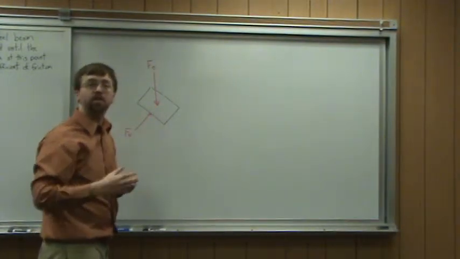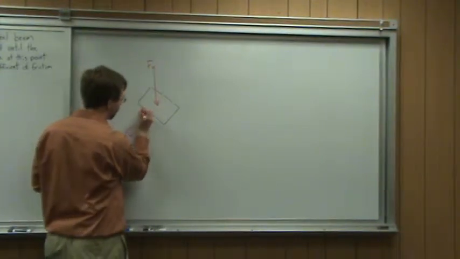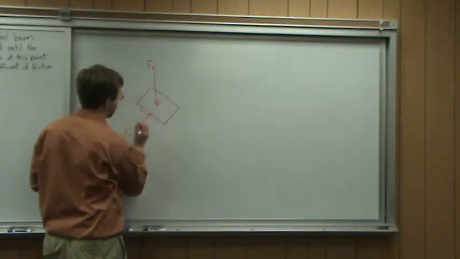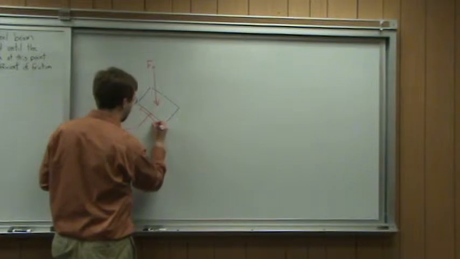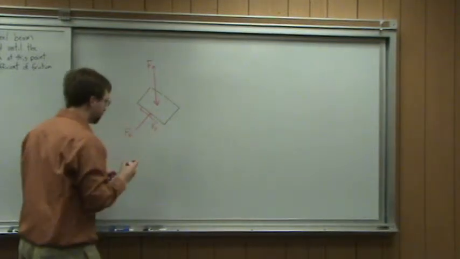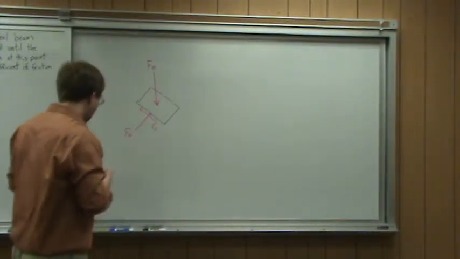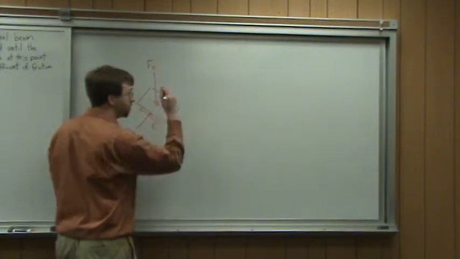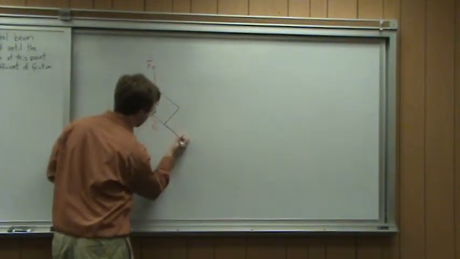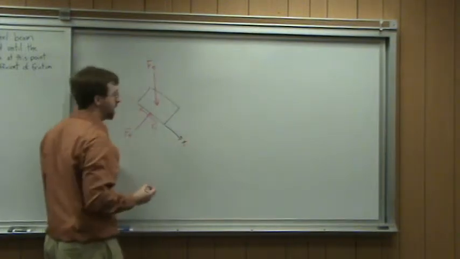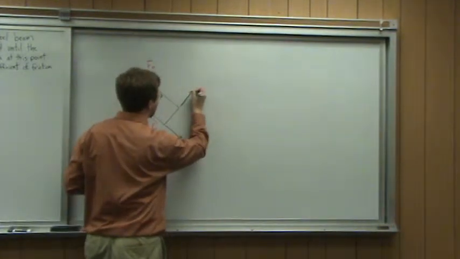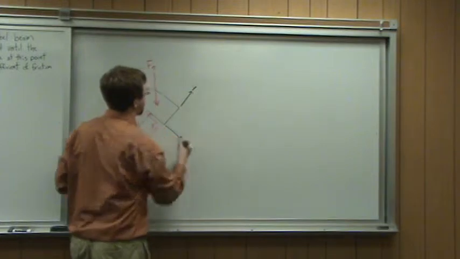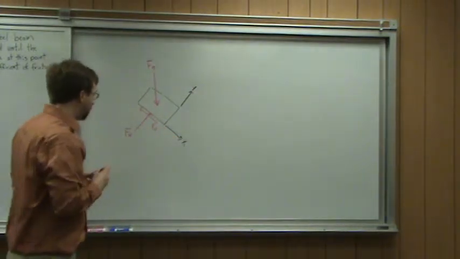The friction force is what's holding this up until the instant when it moves. And the way I'm going to define the axes, rather than straight up and down, is that the x direction is down the ramp, and the y direction is perpendicular to that.